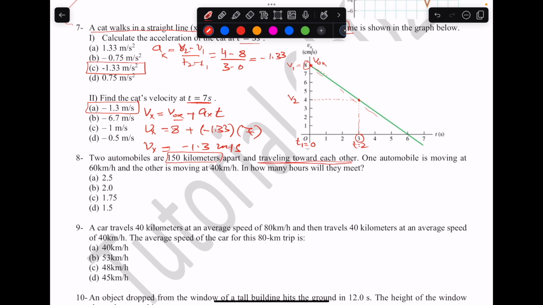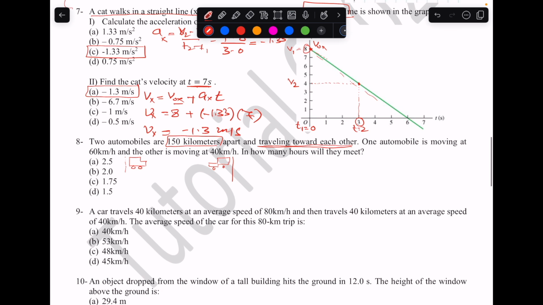So let's suppose we have car number 1 and this is your car number 2. So they are traveling towards each other. This is going in this direction and this is going in this direction, and they are 150 kilometers apart.